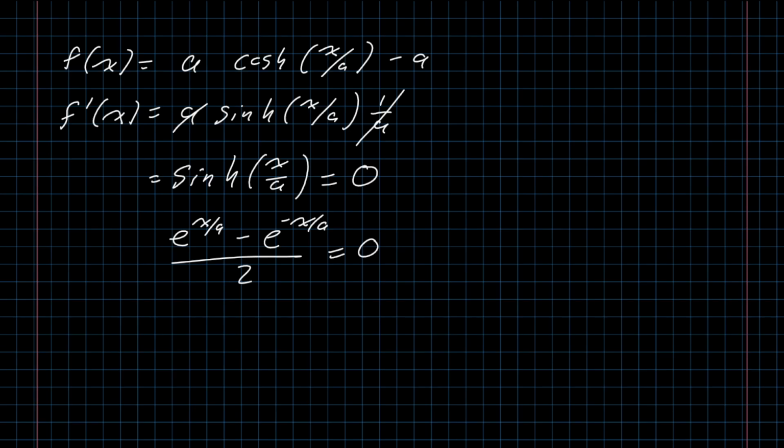Multiply both sides of the equation by 2, and add the negative 1 to both sides of the equation. e to the x over a is equal to e to the minus x over a.